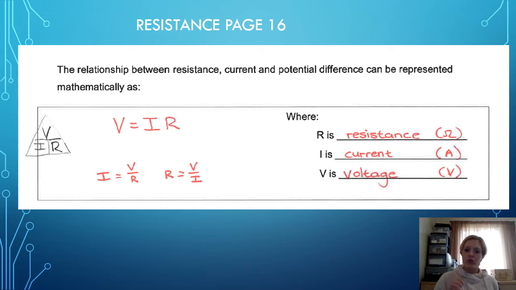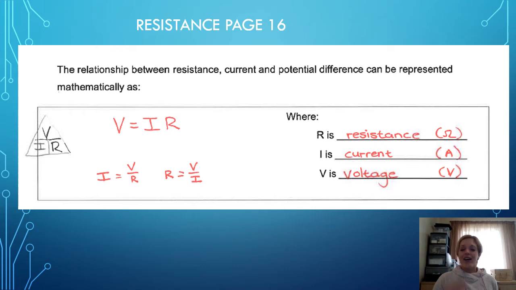If I want to work out current, I'm going to divide voltage by resistance. If I want to work out resistance, I'm going to divide voltage by current. Please write in all three, because they show you how you can manipulate the formula or the triangle. Draw in the triangle as well, grade 9s.